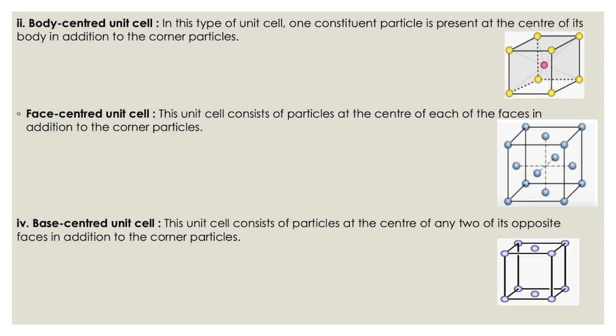Next is the face centered unit cell, which has a particle at the center of each face. Next is the base centered unit cell: unlike the face centered one, the particle is present only at the top and bottom faces, as you can see in the diagrams.